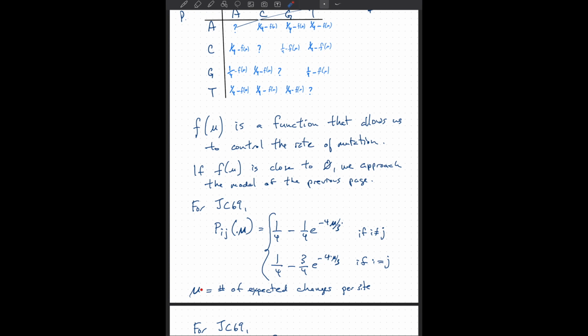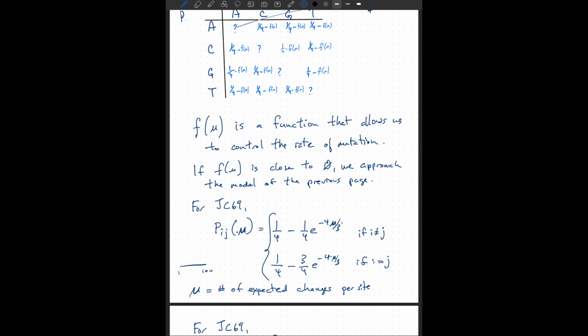I really would like you to stop the video right now and just think about that for a little bit. You might think about it as having 100 nucleotides in a row. One way is to think of 100 nucleotides, and ask what is the expected number of changes across those 100 nucleotides over your period of evolution.